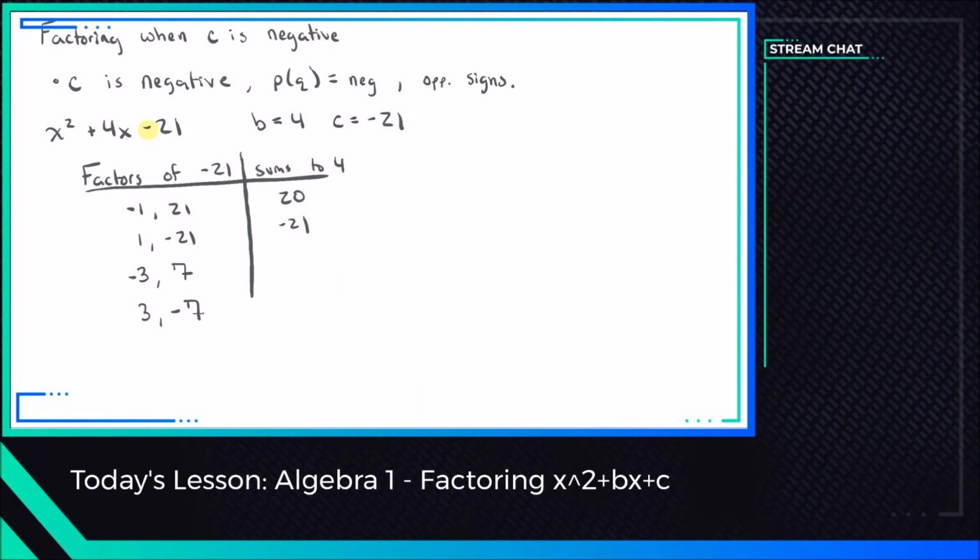Negative 3 plus 7 is a positive 4, and 3 minus 7 is a negative 4. So now we want a b that is equal to 4, so we're going to be right there. And so x squared plus 4x minus 21 is going to be equal to x minus 3 times x plus 7. Whatever sign is with these, because that's technically a plus, is going to go here and here.